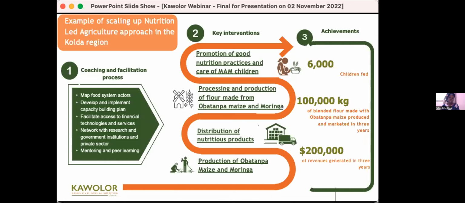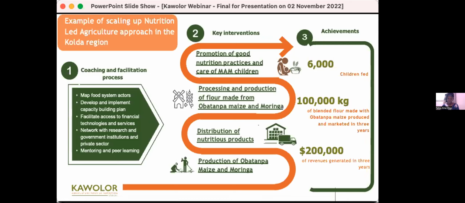So in this line, the example is about some actors: producers, distributors, and processors. At the beginning of the line, we have producers, and we'll talk mainly about Yankankunda Cooperative.